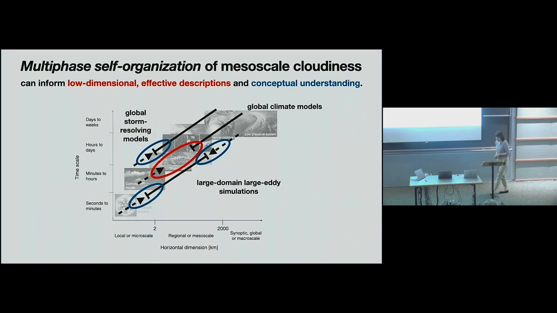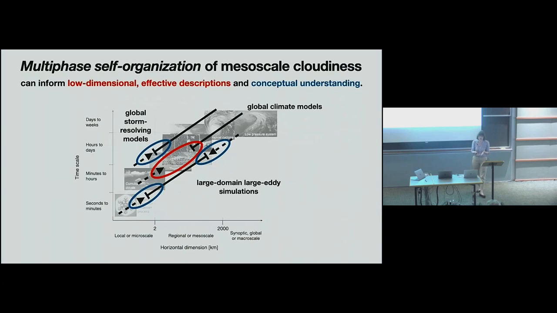And so the basic idea that I want to convey for the rest of the talk is that I think multiphase processes help us in getting a grasp on this problem of capturing mesoscale clouds. So I think they make our life easier. The reason is that they give rise to self-organization and pattern. The self-organization and this pattern mean an effective reduction of the dimensionality.